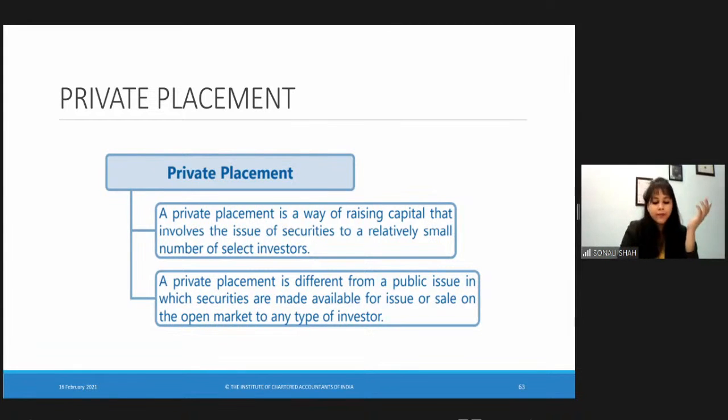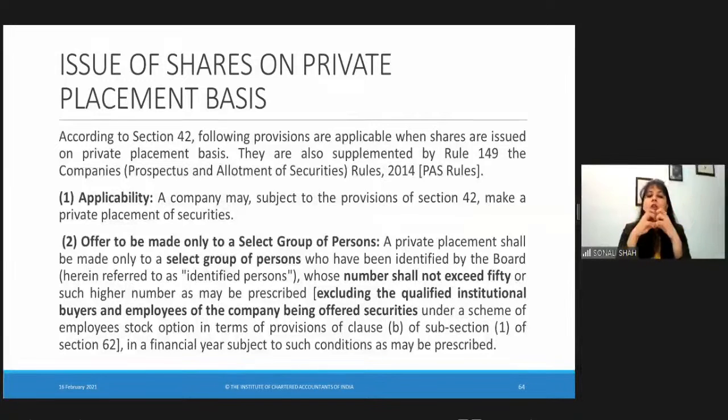Now, coming to the private placement. The provisions pertaining to private placement are provided under Section 42 of the Act. This Section 42, along with Rule 14 of the PAS Rules, provides for the private placement of shares. Firstly, we will go through the provisions and the rules, and then I will summarize it for you.